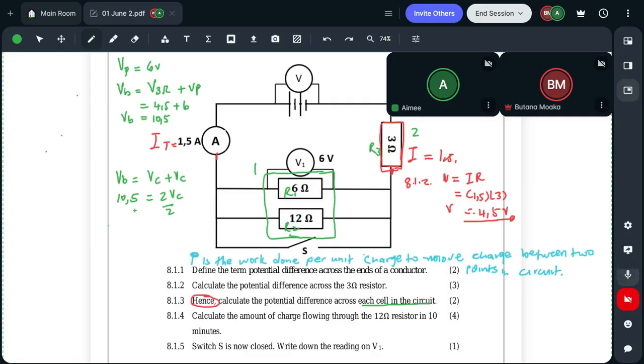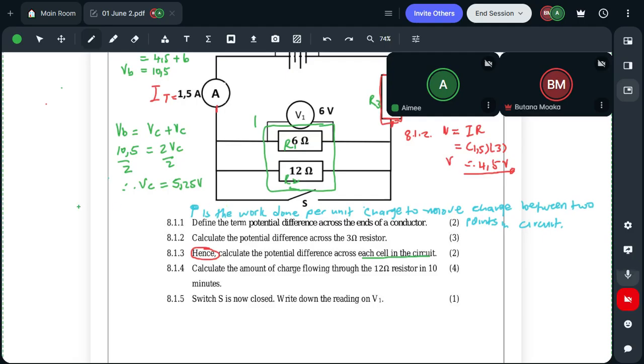So divide both sides by 2. Therefore, your V for each cell will be 10.5 divided by 2. What do you get on your calculator? 5.25 volts.